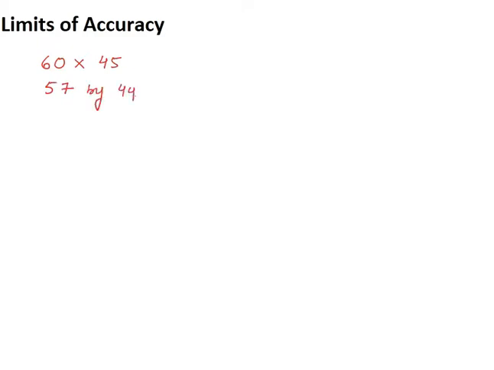So here the error is possible. To remove this error, we will use limits of accuracy. In this topic, we will find the upper bound and the lower bound, which will tell us how much our error can be possible above this value and below this value.